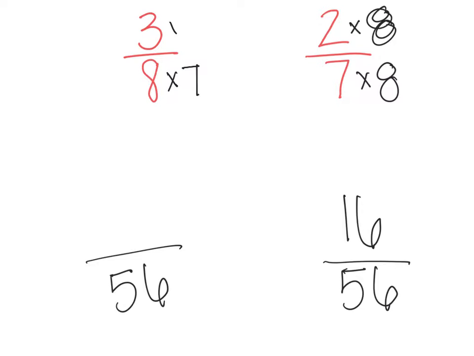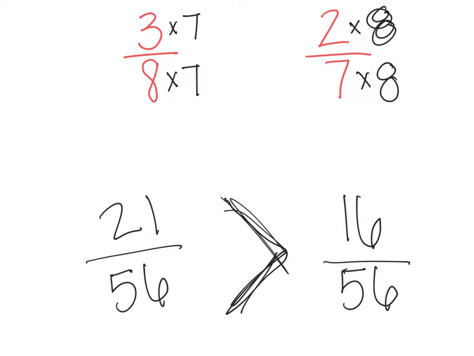And then 3 times 7, which is 21. Okay, and I know that 21 is greater than 16. So 21/56 is greater than 16/56. Therefore, 3/8 is greater than 2/7, because these are equivalent fractions, the 56ths are equivalent to the top ones.